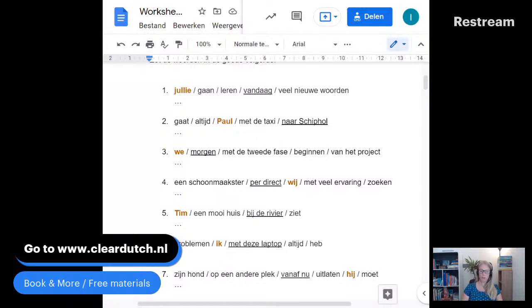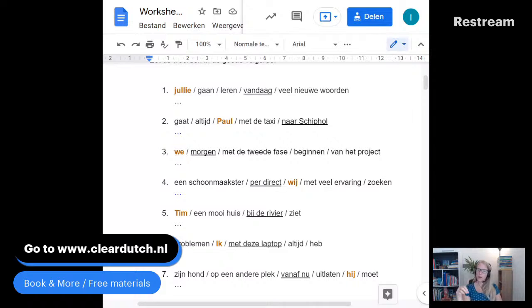Hij moet vanaf nu zijn hond op een andere plek uitlaten. So this means he has to let the dog out, starting from now, in another place. So we have a first verb, moet, and a second verb, uitlaten, which means let the dog out, walk the dog, however you want to say it. Vanaf nu means starting from now, which is the time, so that one goes at the beginning of the rest.